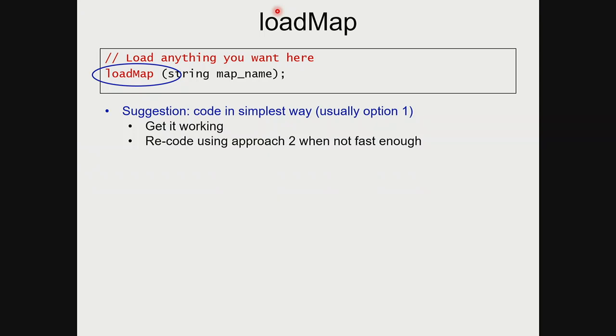Okay, now that we know the two approaches to what to do in load map, our suggestion is to try to follow an agile approach when it comes to software development. I usually follow that approach even at my work. I get something simple working first, make sure that it works and achieves at least the functionality or robustness that I expect, and then I worry about the performance. Once I know what my function is doing, I can talk about performance and think about how to optimize it.